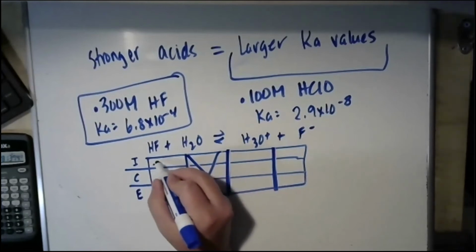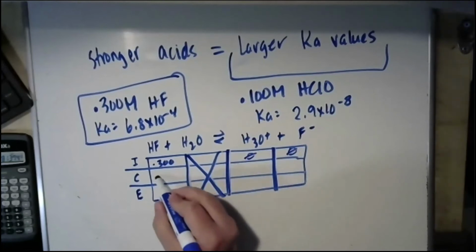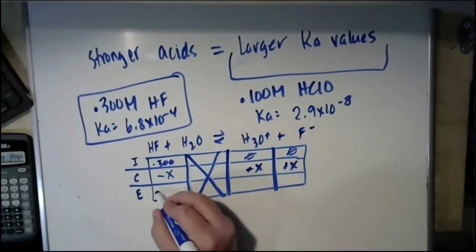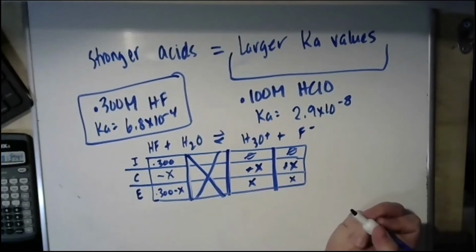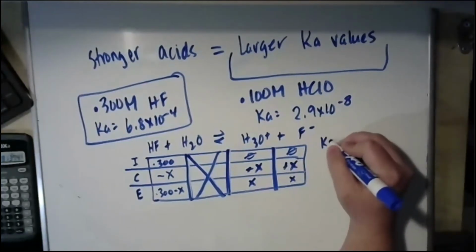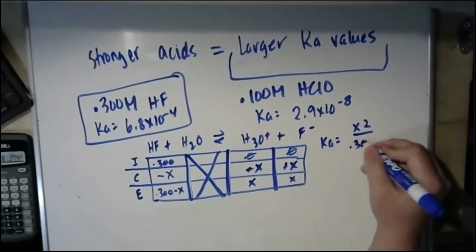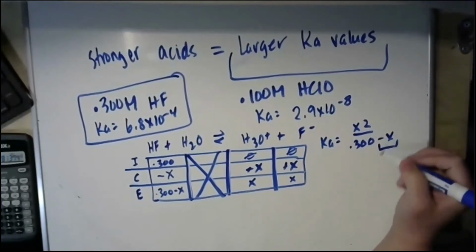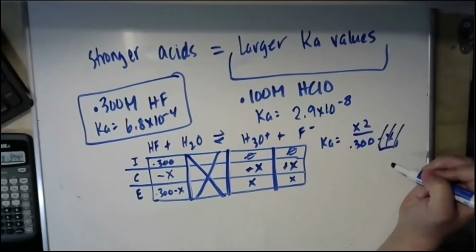Okay, so we have 0.3, 0, and 0, minus x, plus x, plus x. Now we set up our Ka expression: x squared over 0.300 minus x, and we're going to assume that this minus x would be small enough that we could discount it from our calculation.